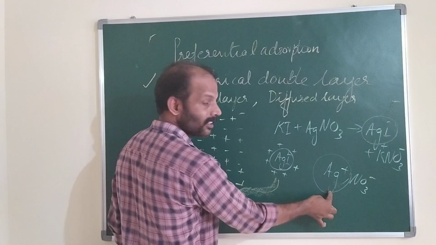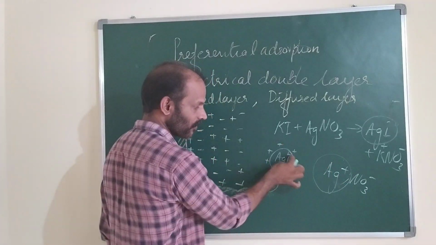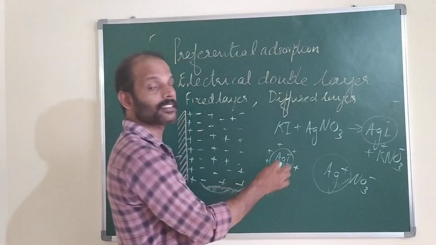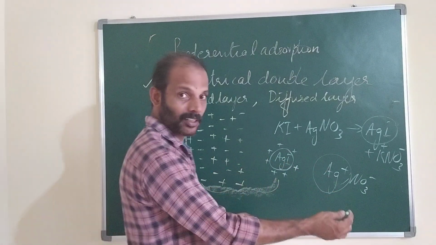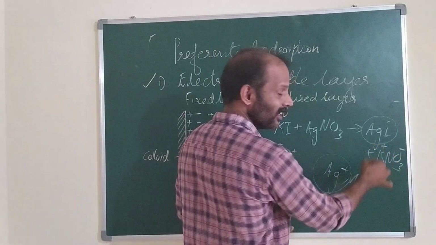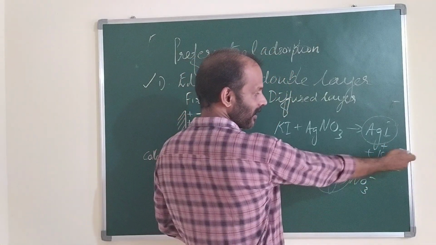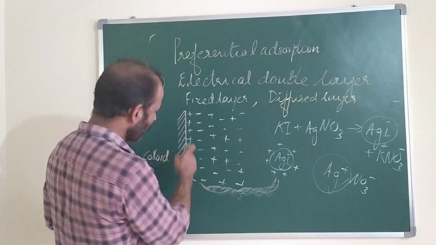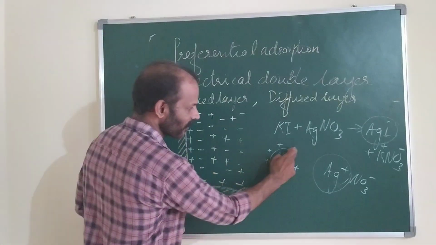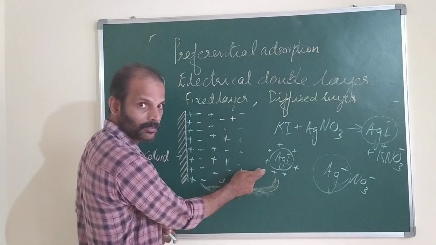Ag plus is preferentially adsorbed on the surface of silver iodide. Again there are ions, positively charged potassium ions and negatively charged nitrate ions, also in our solution. So the first layer is due to the preferential adsorption of Ag positive.